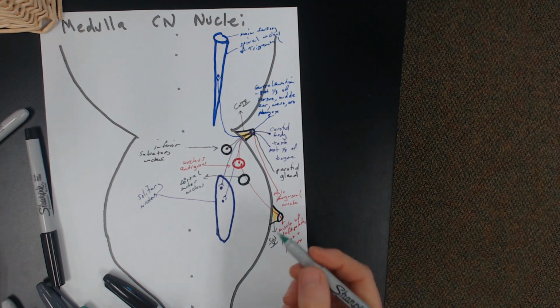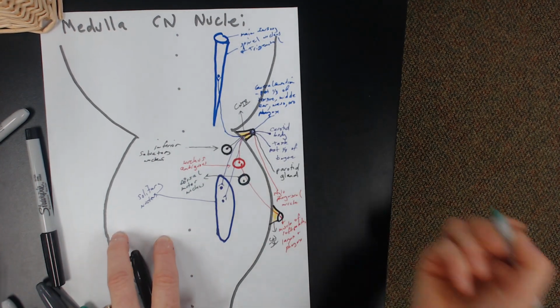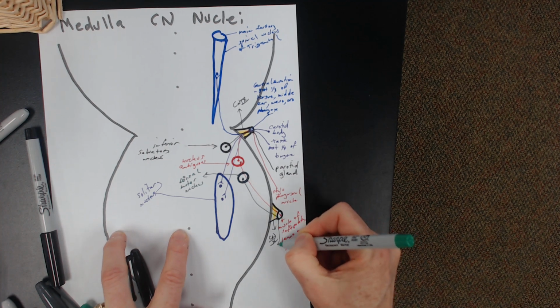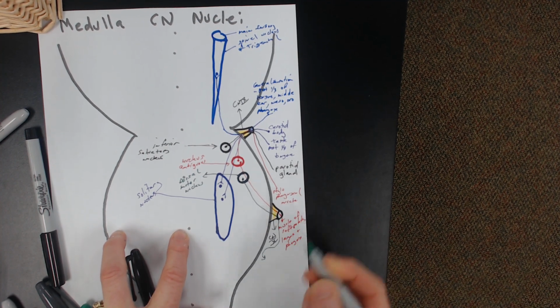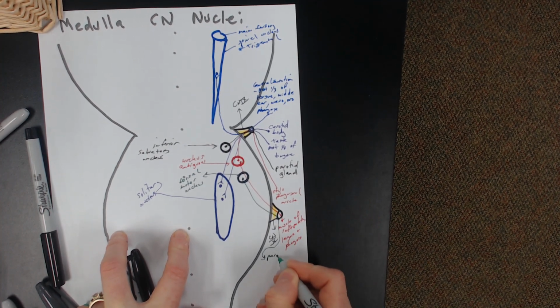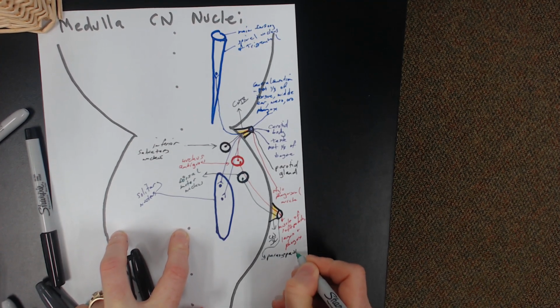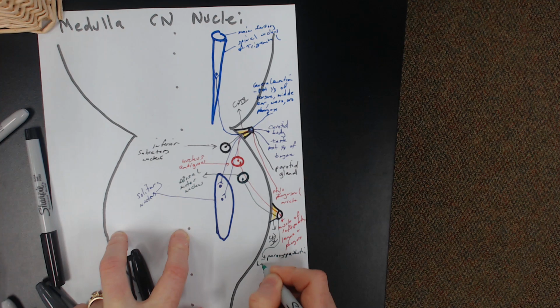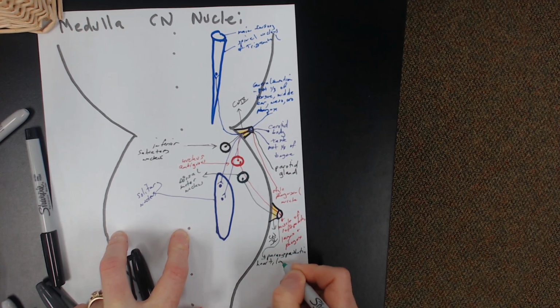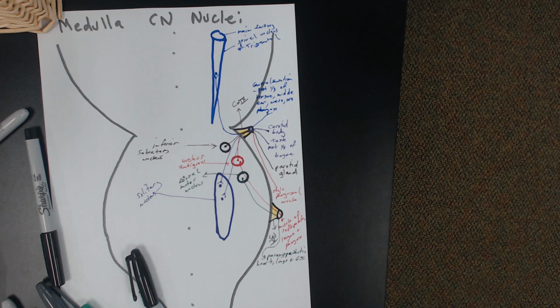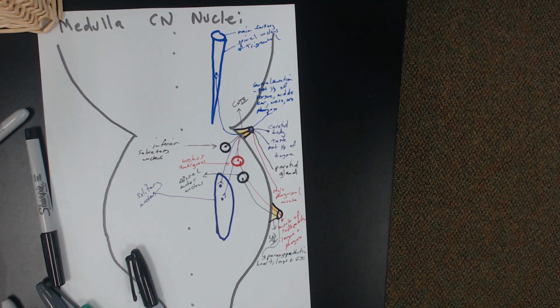Dorsal motor nucleus is parasympathetic innervation, so the neuronal cell body is going to send out axons that travel through as cranial nerve number 10, and that's going to be parasympathetic for heart, lungs, and GI. Okay, and cranial nerve number 10 uses the dorsal motor nucleus to accomplish that function.